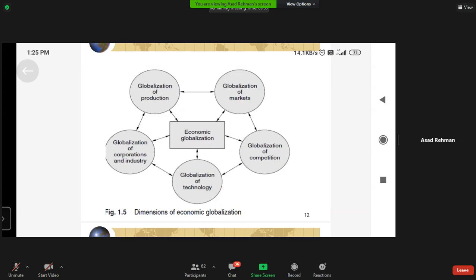So in fact, technology is one factor that integrates the rest of the things, whether it is the global markets, the production systems, or the competition. It helps in the creation of global corporations.